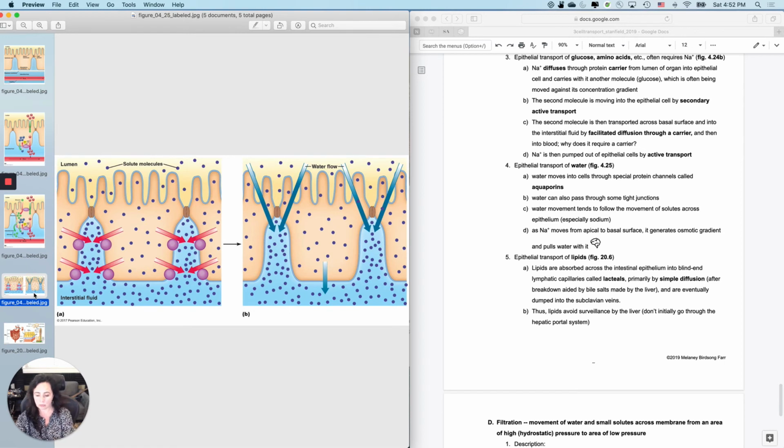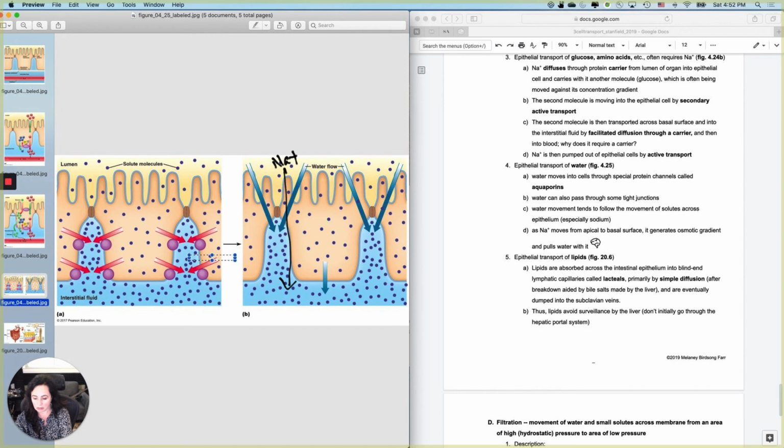So as I move sodium, just as an example, from here to here all the way into the bloodstream, as sodium goes from high in the lumen to high in the intracellular fluid to high in the extracellular fluid, it's creating a concentration gradient for water.